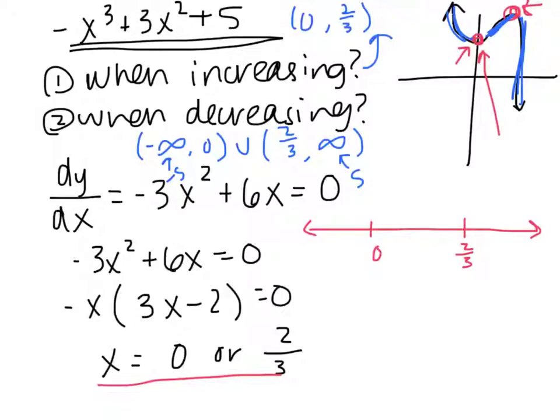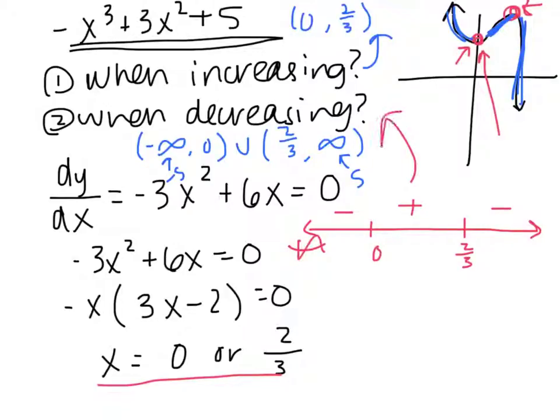We can see that on the left side of the 0, the slope of the line is negative. In between 0 and 2/3, it's positive, and then after 2/3, it's negative again. This just reinforces the idea of when it's increasing or decreasing.